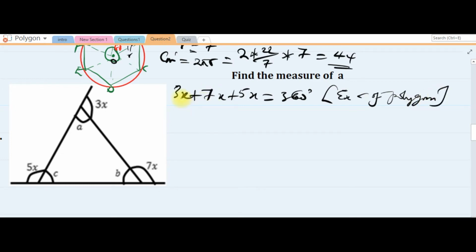So finally, this is 10, this is 15. So 15x must be 360. So x is 360 over 15, which should be 24. So x is 24.